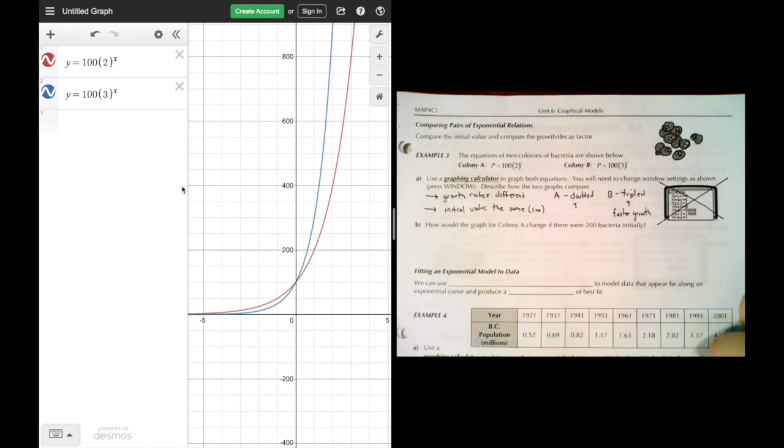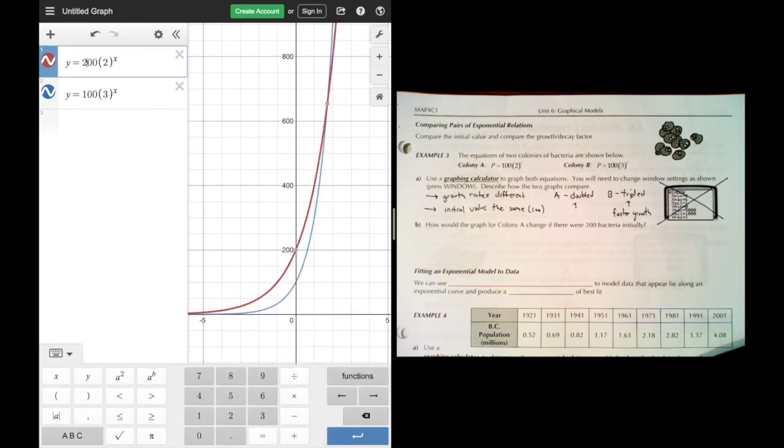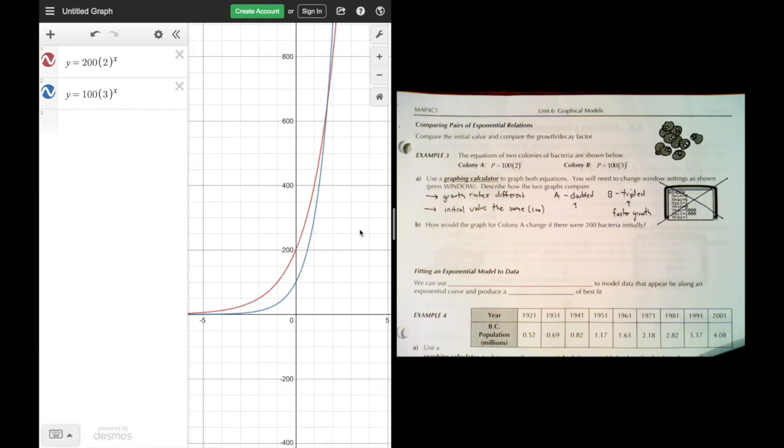How would the graph change if colony A was changed to 200 bacteria initially? Well, instead of 100, let's make it 200 and let's see what happens. So the red graph now starts higher and goes up, and it's still above the blue graph, but then all of a sudden, right there, the graphs cross, and the blue graph is now above the red graph again. So all it really changes is the y-intercept.